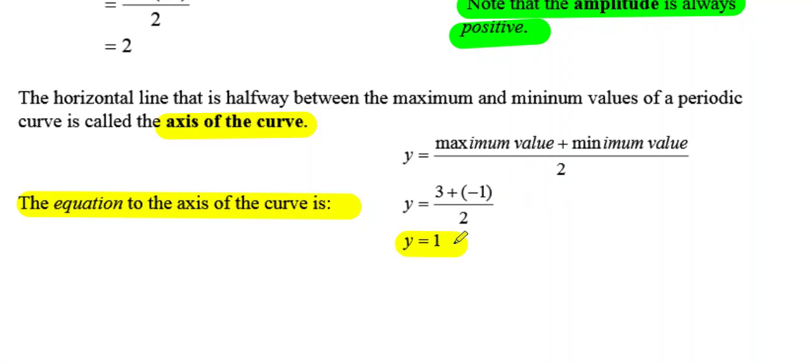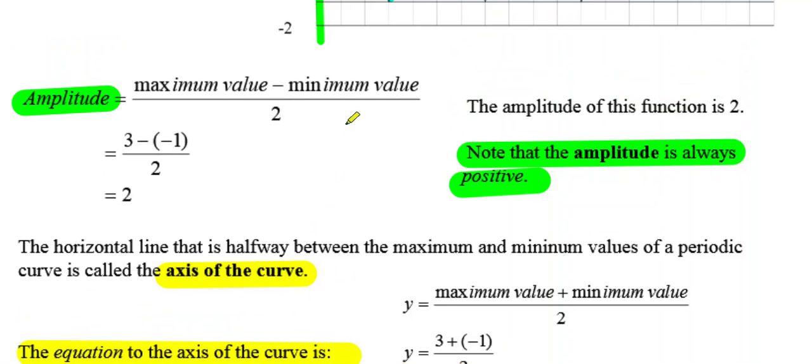Alright, so you have to know what a periodic function is. Repeating x values, repeating y values, that's what's going to make your periodic function. The period is the length of one complete movement, which is called your cycle.